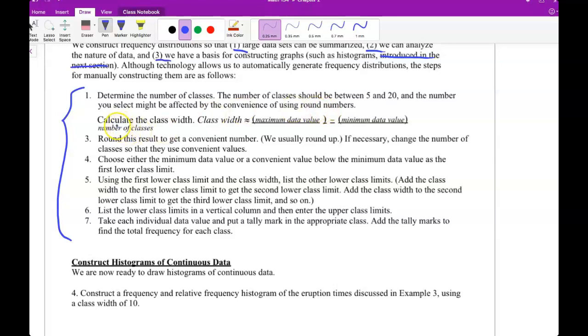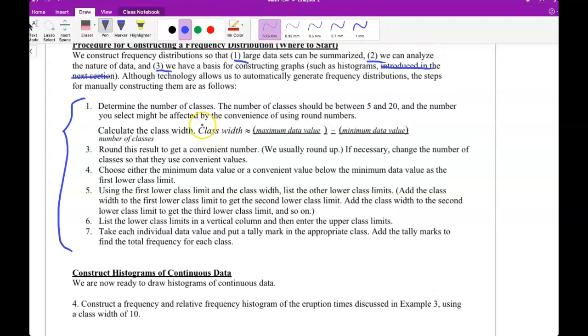Okay, then calculate the class width. Here we have a typo.